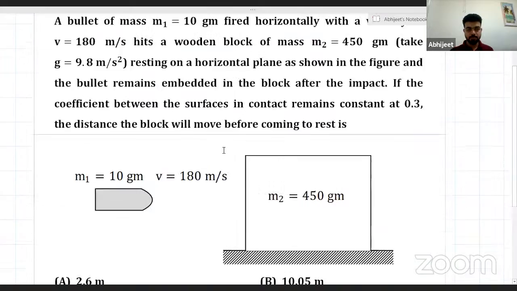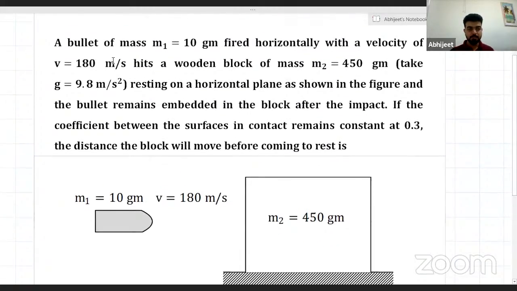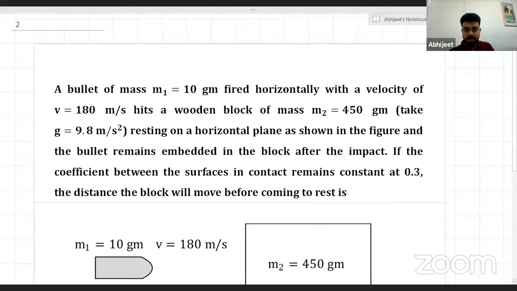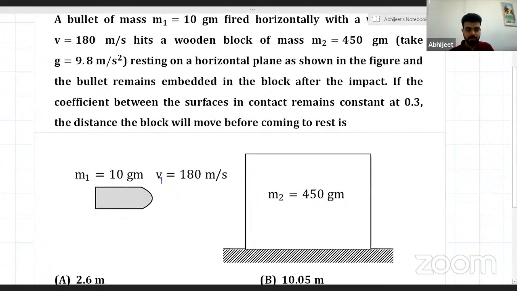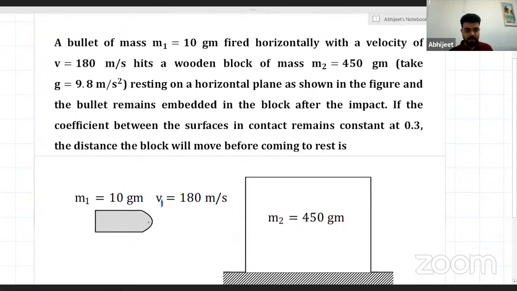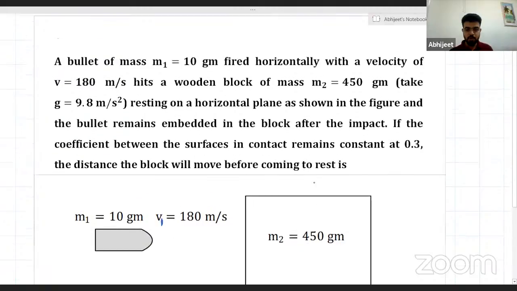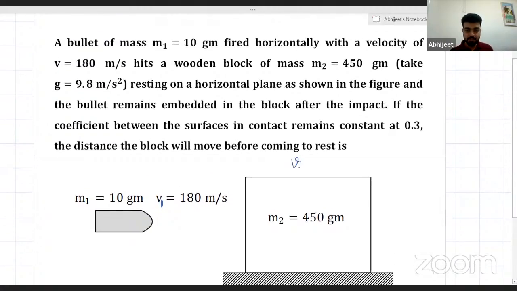Okay, so this is the next question, guys. A bullet of mass m1, 10 gram, is fired horizontally with the velocity v1. We are given v1, and this is the mass of the bullet and the mass of the block, which is stationary, which means its velocity v1 dash is 0.